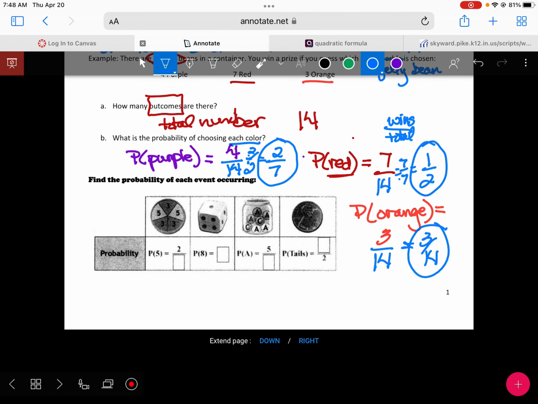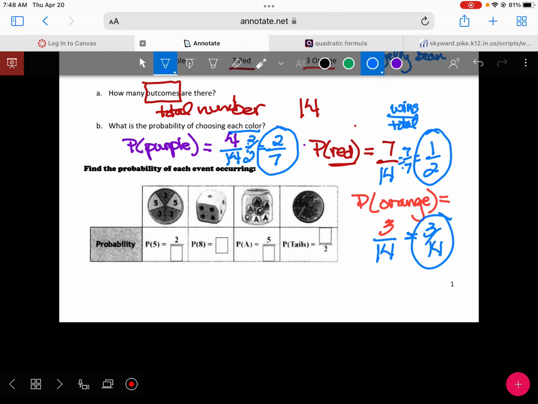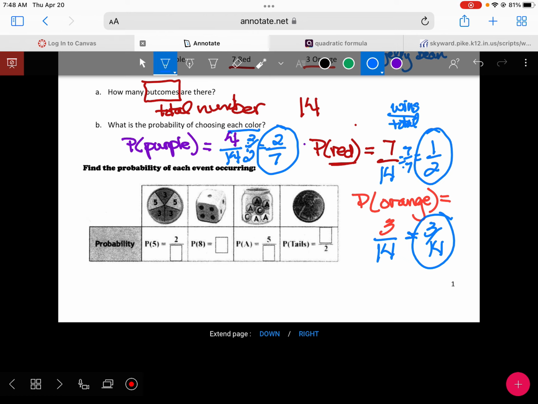Any questions about letter B, the probability of choosing a color? All right, so now let's go. Okay. Let's go down to the bottom. Here we have some different items that you might find talking about probability. So we have what looks like a spinner in the first picture.